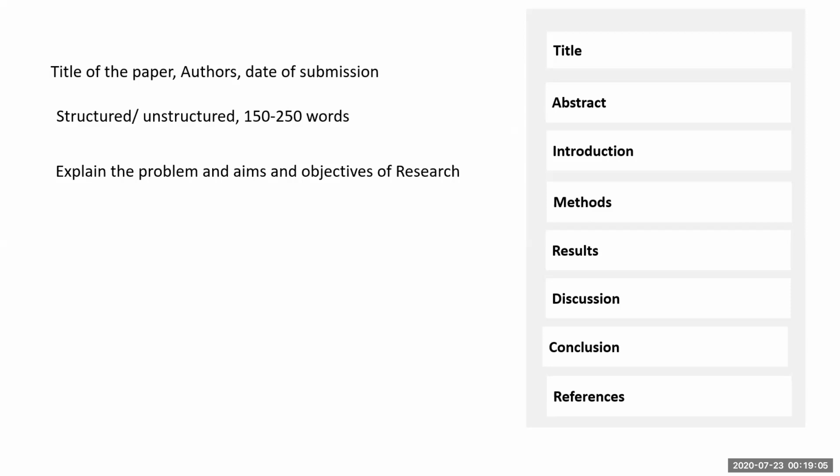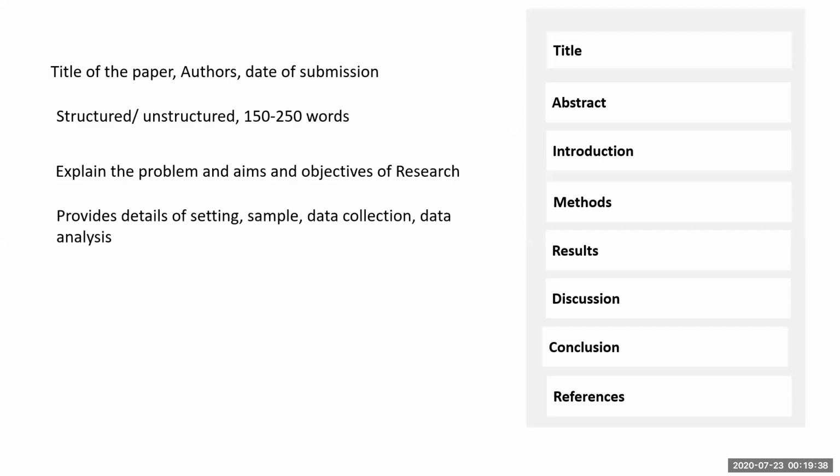Either way, whatever headings are used, the idea is, as I said earlier, to explain the problem, to explain why it is a problem, to mention the problem statement, to explain the significance of the study and what the researcher is going to achieve as a result of the study, the anticipated results. The section usually ends with a description of the aims and objectives of the research and the link to the next heading, which is usually methods.